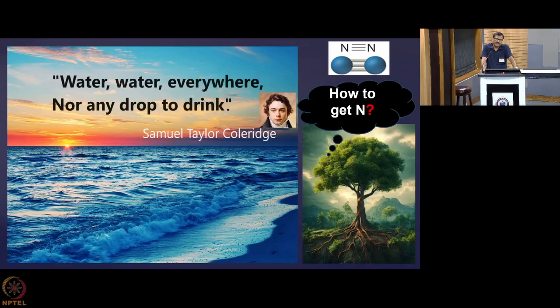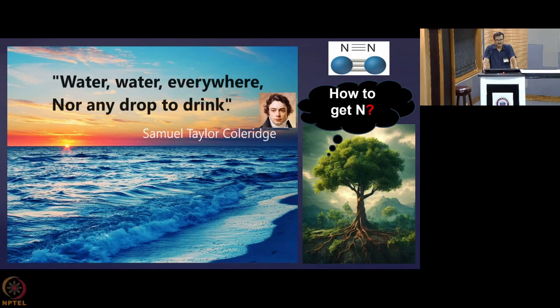Then why can the plants not take the nitrogen from the atmosphere? The reason is that this N2 has a triple bond which is extremely difficult to break. So something is required which will break the nitrogen triple bond and give the nitrogen atom to the plants. That is usually not possible ordinarily. So plants cannot consume the nitrogen from the atmosphere and use it.